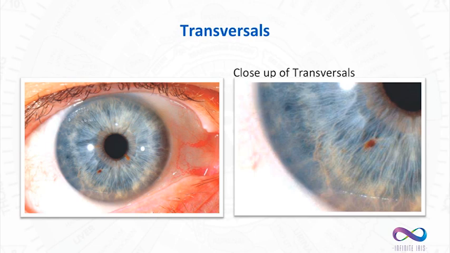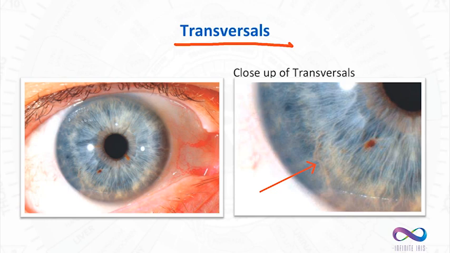Transversals. Transversals are signs that we see that go askew or in a diagonal direction from the radial iris fibers. Here we see a transversal, and it's going askew from the radial fibers.